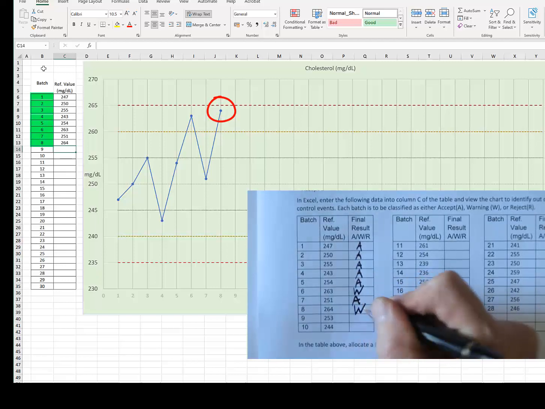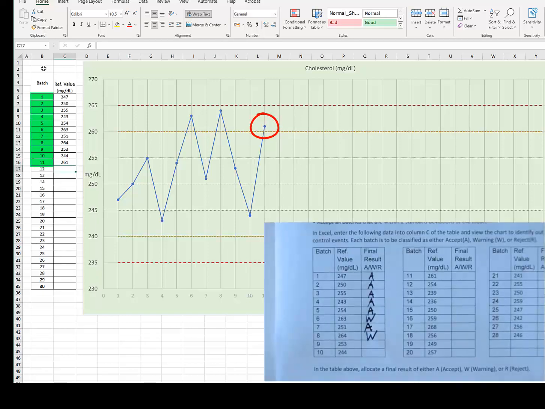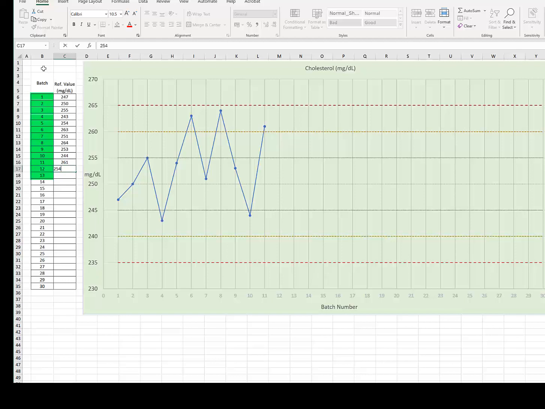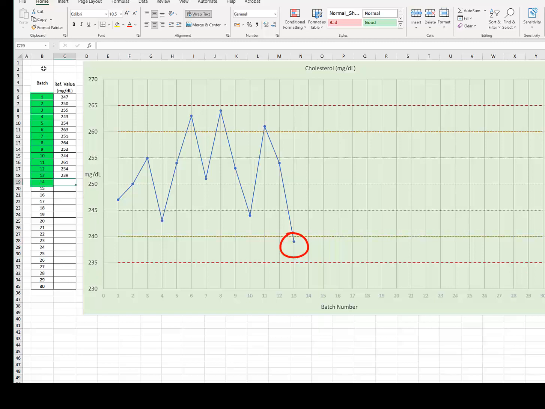Seven is good, and then another warning during batch 8. We're getting a lot of warnings, more warnings than you would normally get.